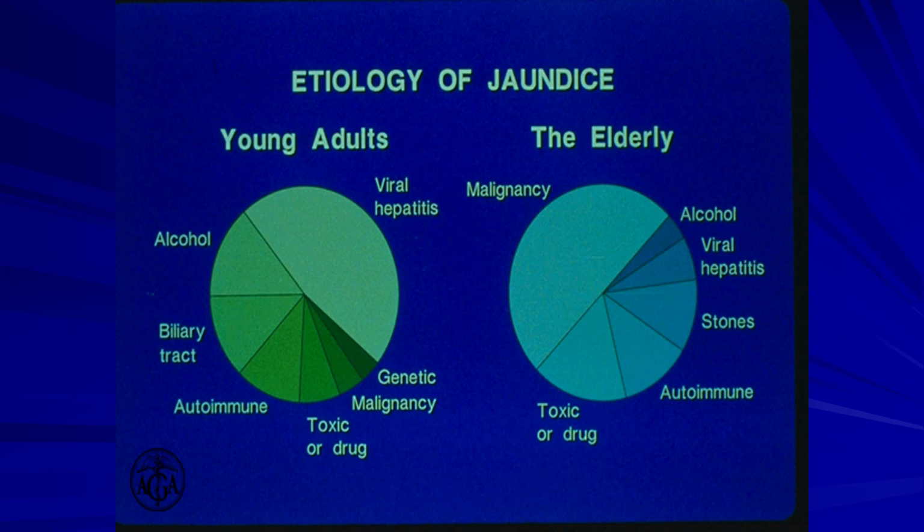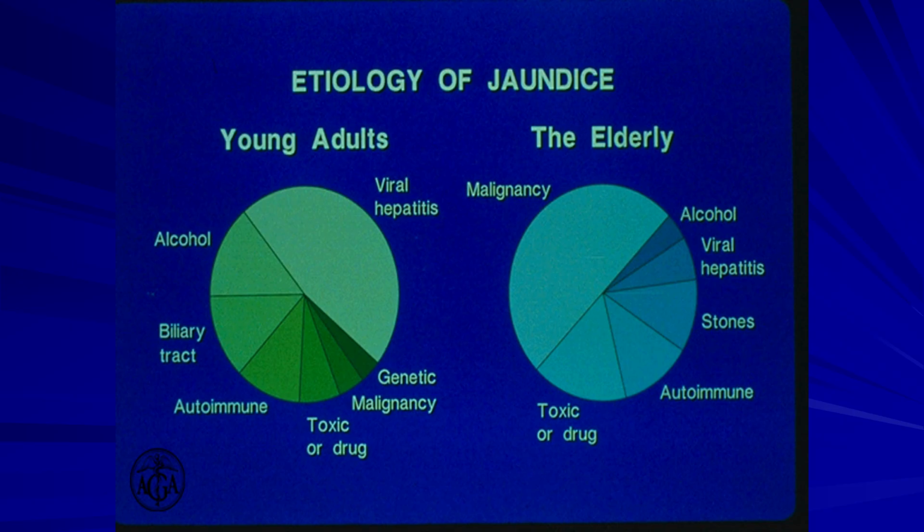In young adults, on the other hand, viral hepatitis is the most common cause of jaundice, followed by alcohol misuse and biliary tract disease, meaning stones, tumors. Also, autoimmune disease becomes a common cause of jaundice. Rarely, a malignancy may be a cause of jaundice in the young adults.